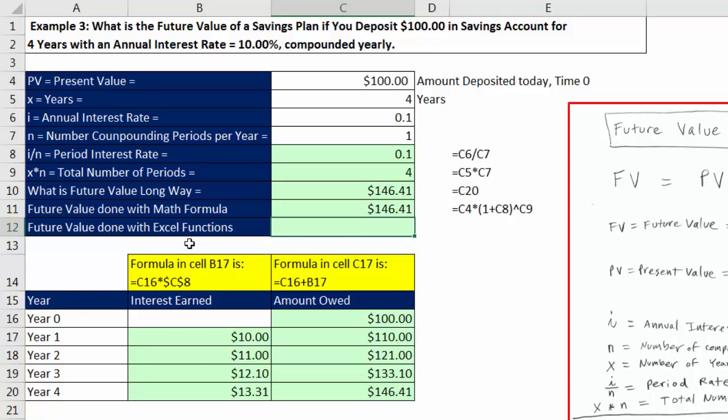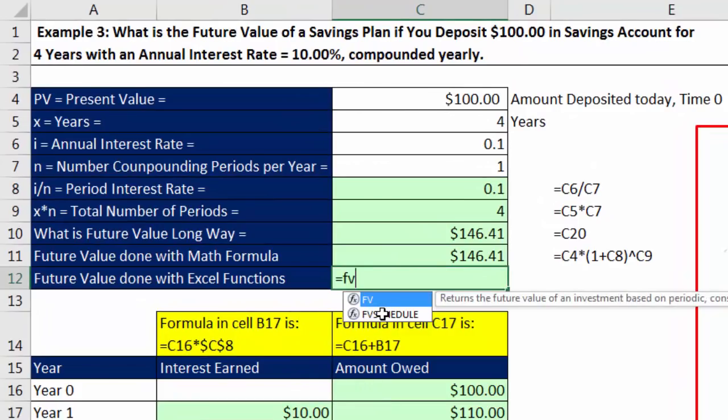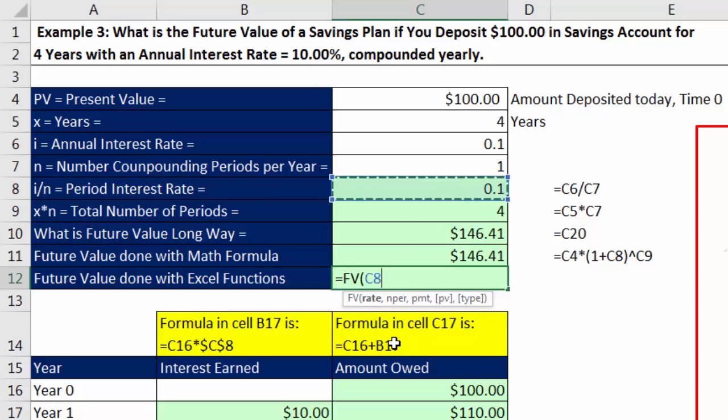Now let's try our Excel function, FV equals FV. There's our function. Rate, that's the period rate. So I click on period rate, comma, NPER, number of periods. That's the total number of compounding periods for the entire length of the investment in our case. Then I'm going to type a comma. Now, the PMT argument, we're not using that argument when we're doing lump sums.